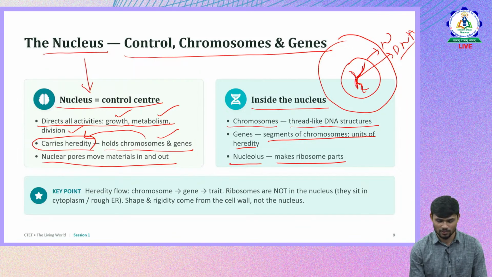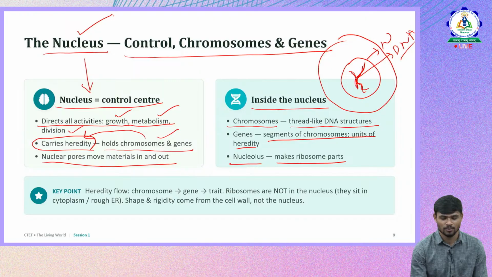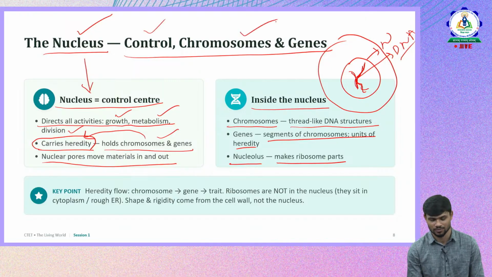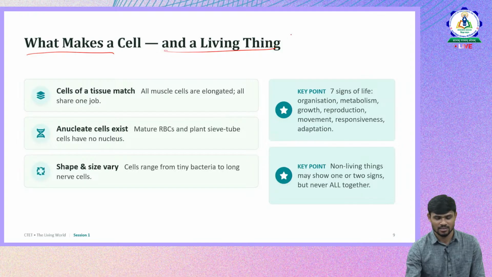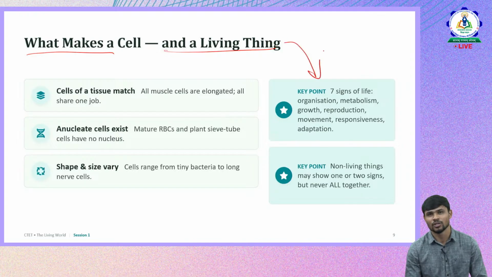So let us move forward. Don't forget, the nucleus is very important, its functions, and what it contains. Then, what makes a cell a living organism? We know the characteristics of living organisms, and a cell has all of them. That's what makes a cell living.